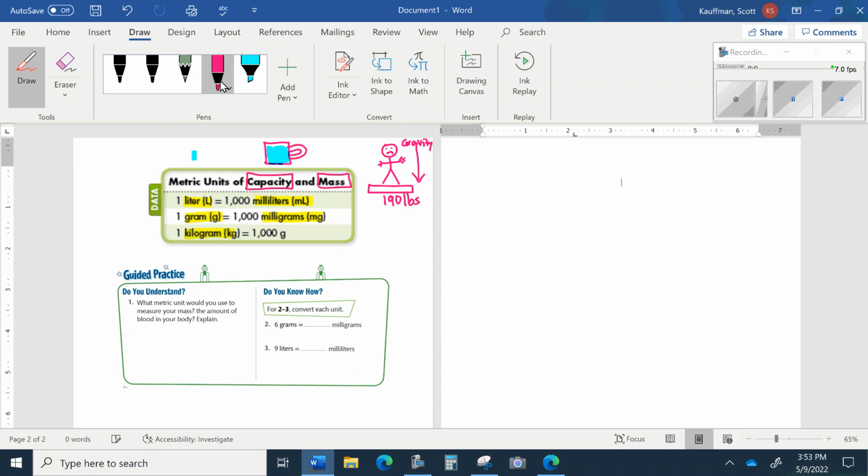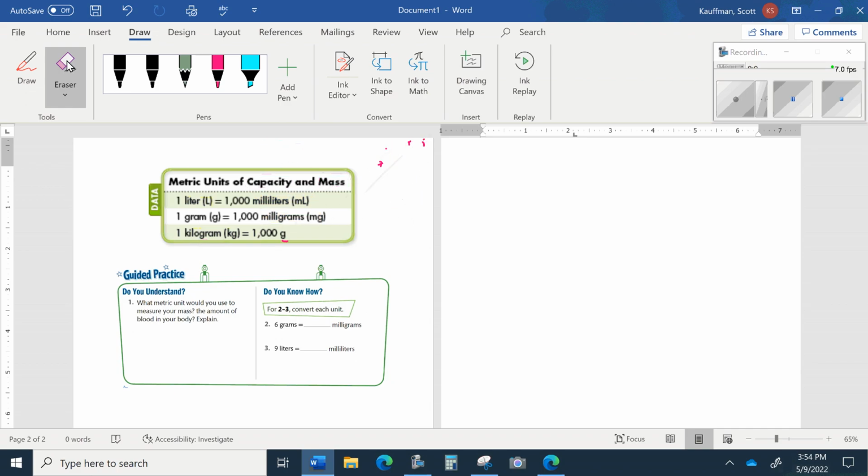That's what a scale would measure. Now we know pounds is a customary unit, so instead of pounds, you're going to hear words like grams or kilograms when we use metric. That's just a quick reminder of what we're going to be using.